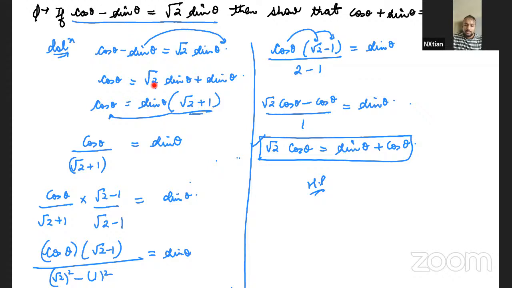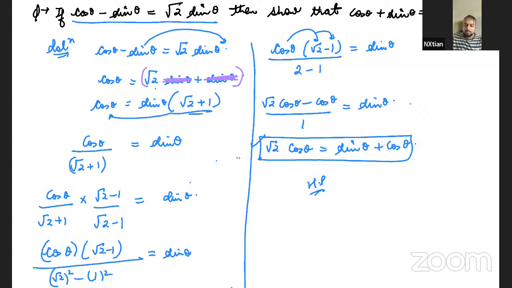If I take out sin theta as common, then it is out from this and out from this. So from this root 2 will be there, plus, and where nothing is there, then always 1 will come. So that's why plus 1.